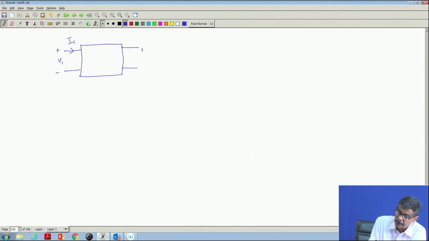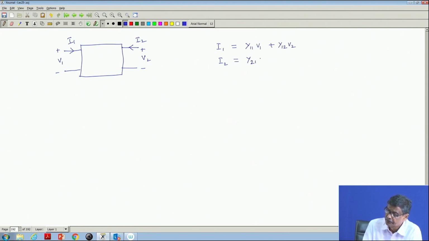For example, suppose I write this equation, that the currents I1 and I2 are given by I1 equal to y11 V1 plus y12 V2, and I2 equal to y21 V1 plus y22 V2.